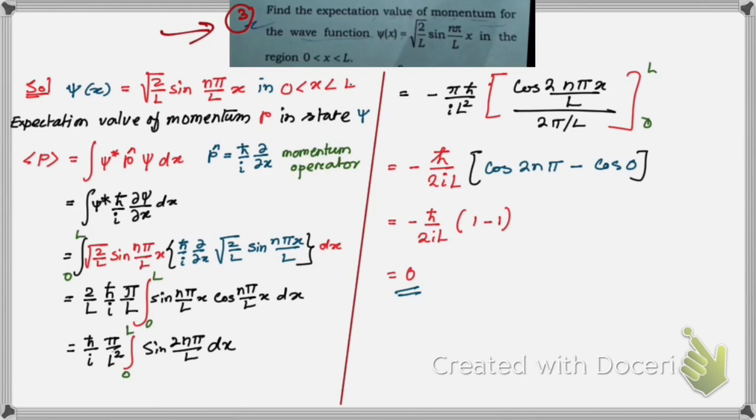Here you see this is the given function I have written here, and we need to find the expectation value of momentum. P is momentum here. How to find the expectation value? This is the way we can find it: integration of psi star, momentum operator, psi, dx.